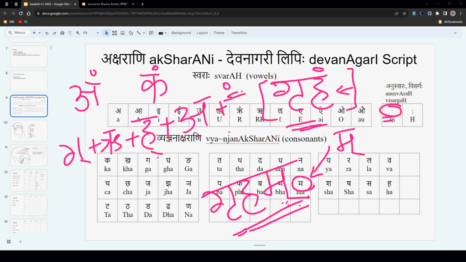If you just write it like this, anuswara cannot be pronounced actually, because anuswara here is coming at the end of a sentence you can call, because after this there is no other word. This is the last word in whatever we are trying to say. Even though it is one word, it is the end.